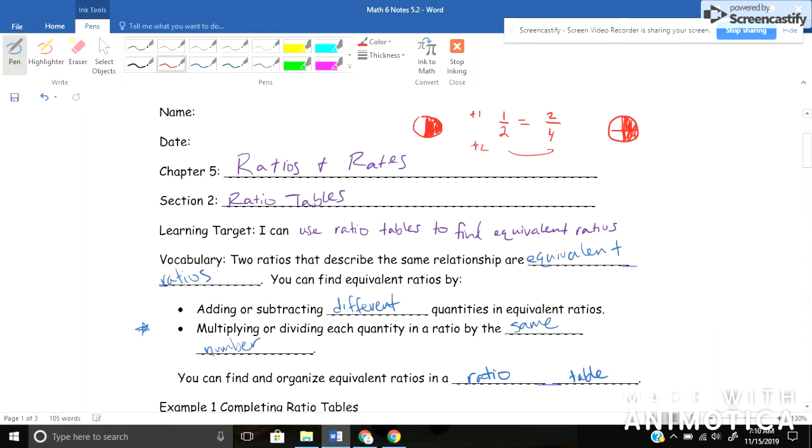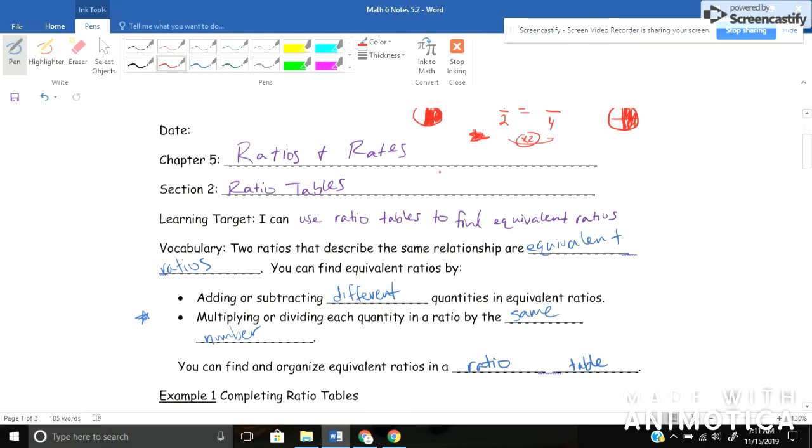That's kind of tricky, especially when you start getting into bigger, more complex numbers. It's easier if you multiply by the same number on top and bottom. So how do we go from 1 to 2? Well, we multiplied by 2, and that stays consistent on the bottom, times 2 to get to 4. So again, I would use multiplication and division if I were you.